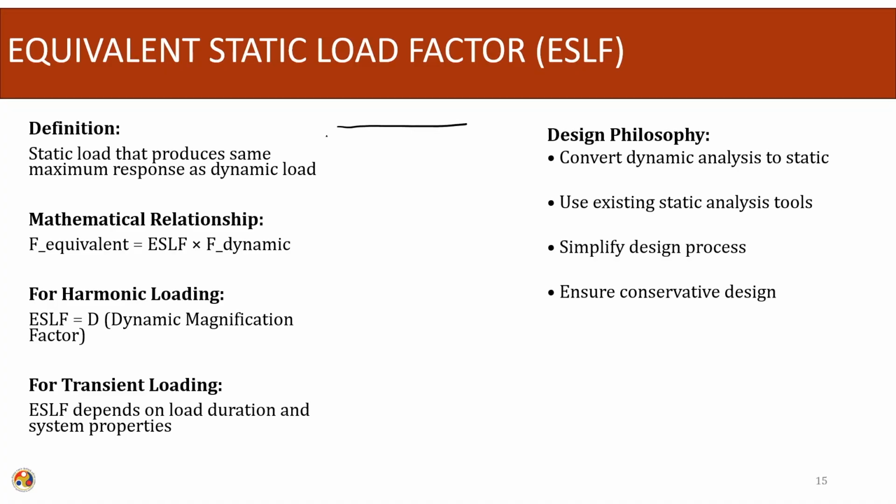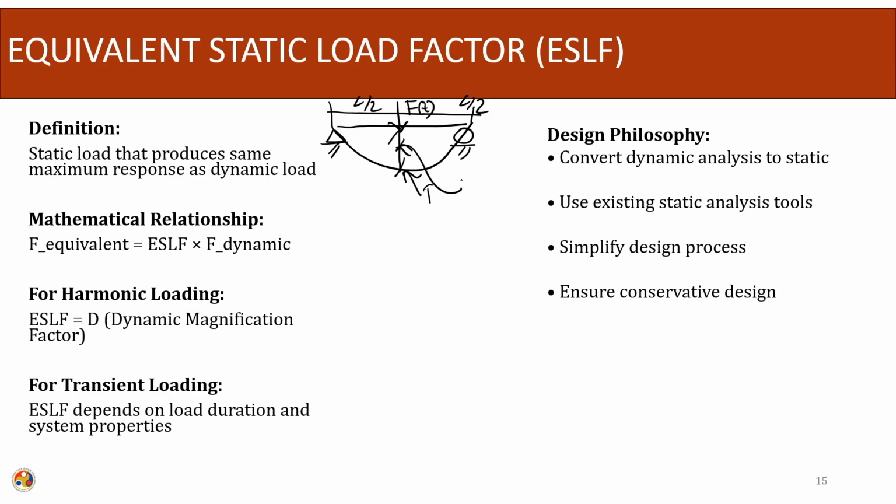So, what we did was we started with a physical system which was having an external force F of t. We choose the degree of freedom at the center, because we know if this load is applied at the center, the maximum response will occur at the center.